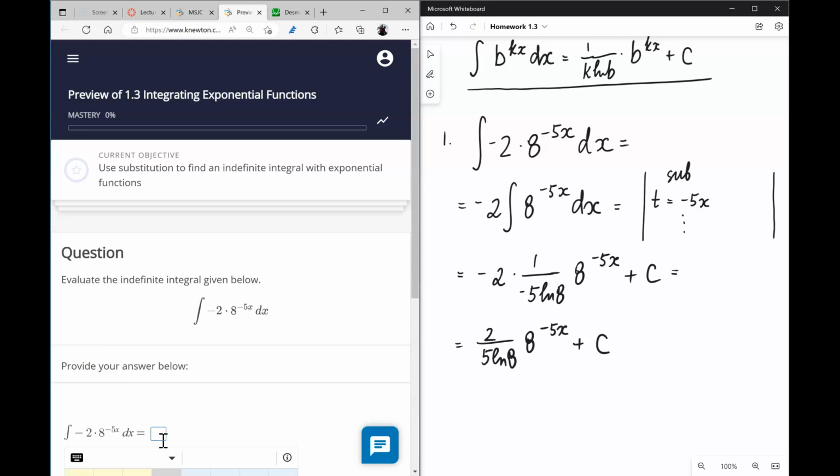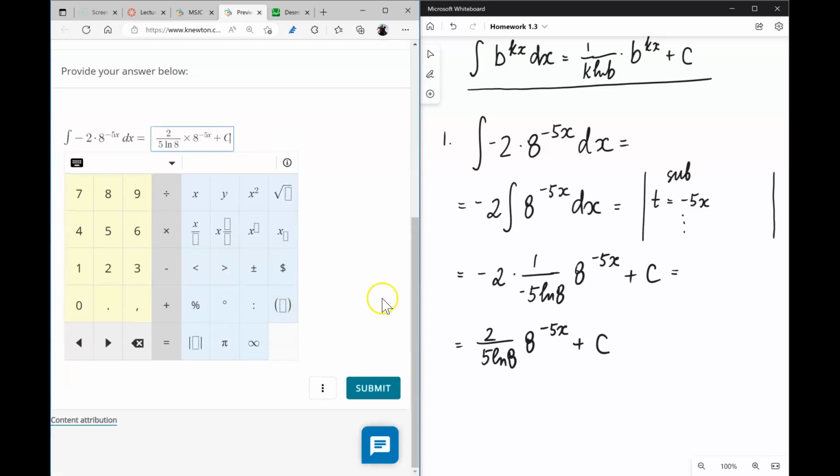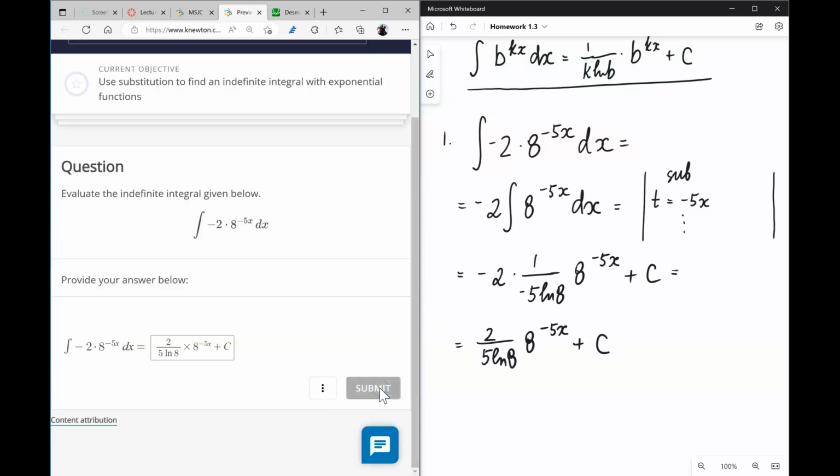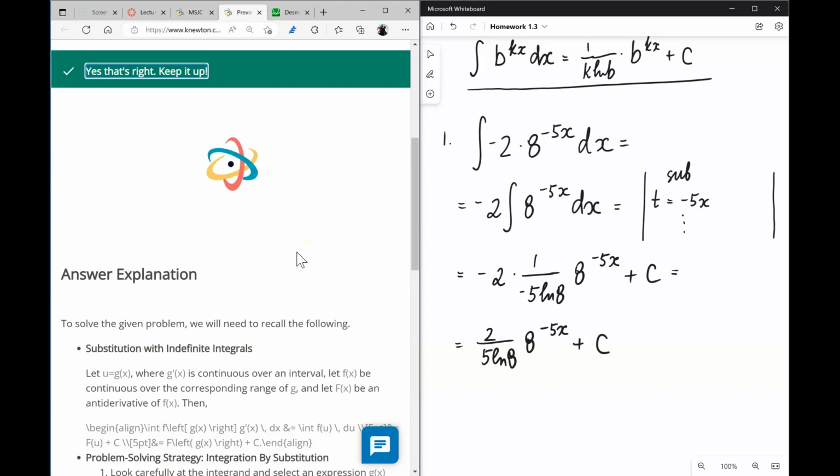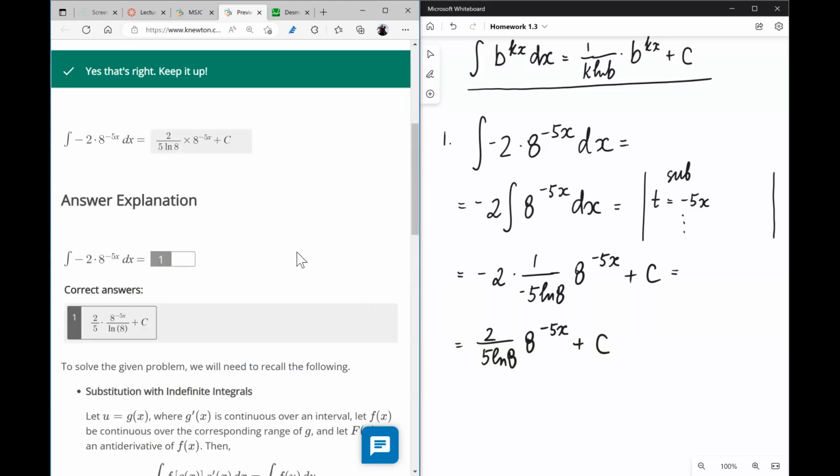So let's try: 2 divided by 5 ln 8 times 8 to the power -5x, and let's not forget plus c. Yes, that's right. Keep it up.